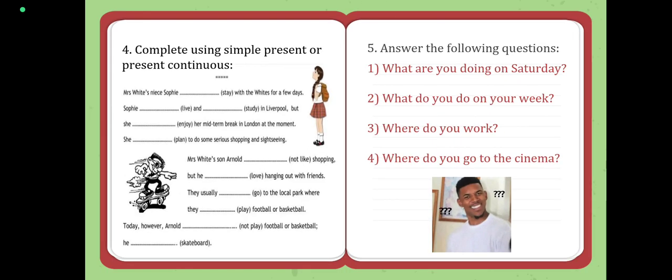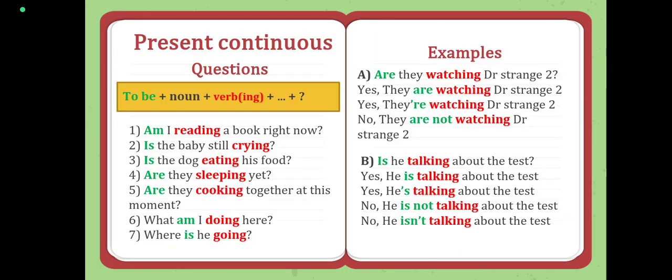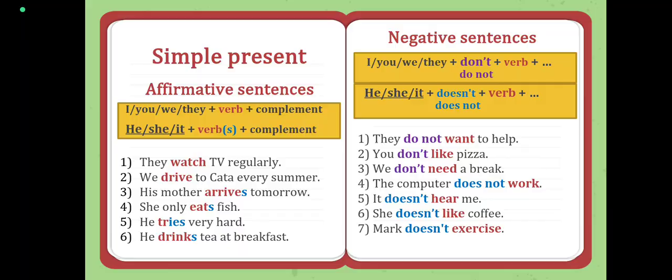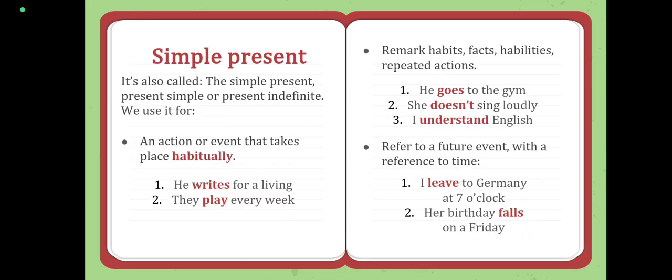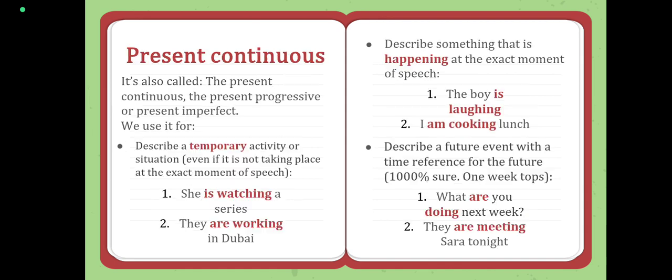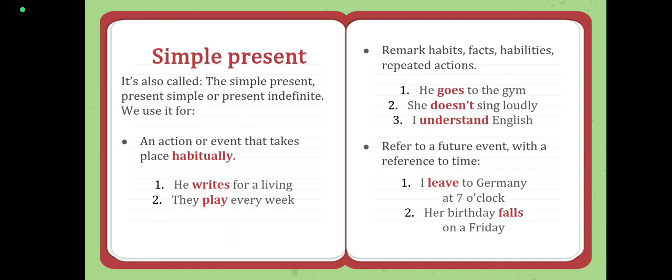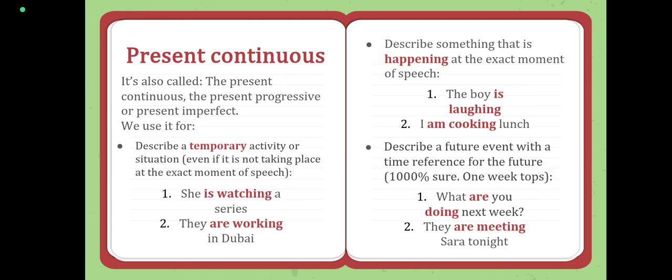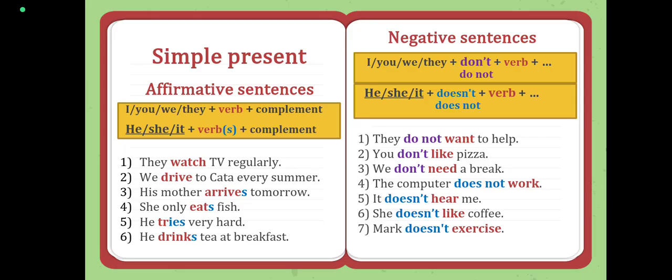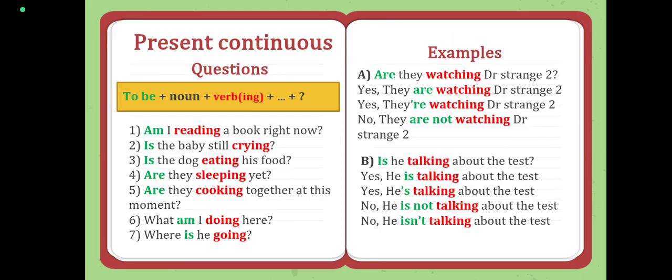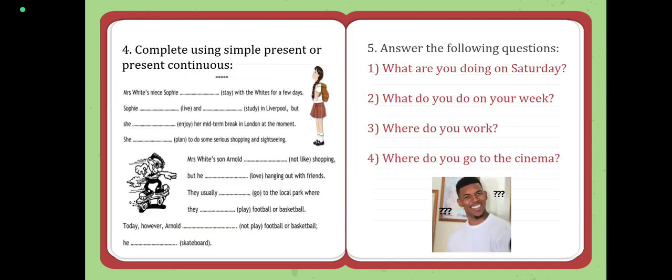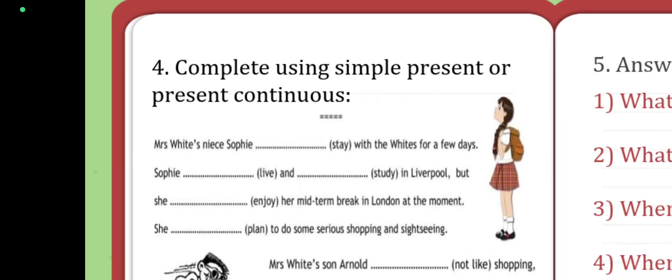Okay, this is the important word. Remember always. Let's go back here. Simple present, habitually. Present continuous, temporary. This is the main difference between these two verbal tenses. So that would need you to complete this mixed paragraph.